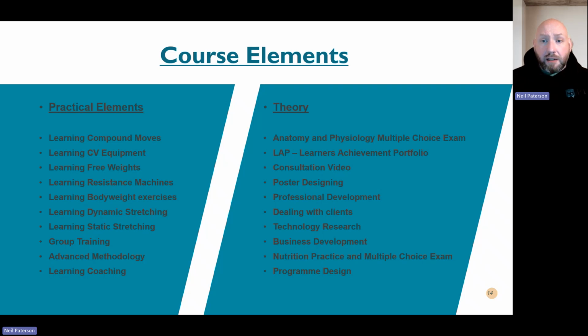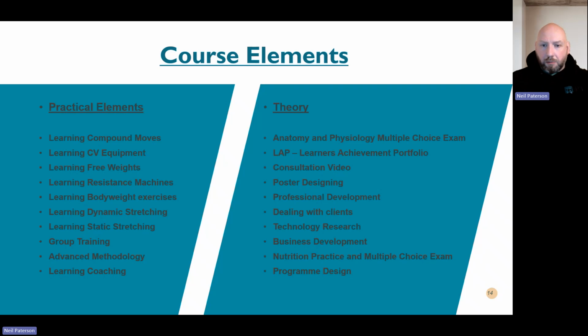When it comes to the theory, there is going to be different parts that you need to do. You will be learning about anatomy and physiology, and there will be a multiple choice exam, as we spoke about. There will be an LEP at level 2 and at level 3, and that stands for Learner's Achievement Portfolio, and it's a document that you will be completing throughout your course.